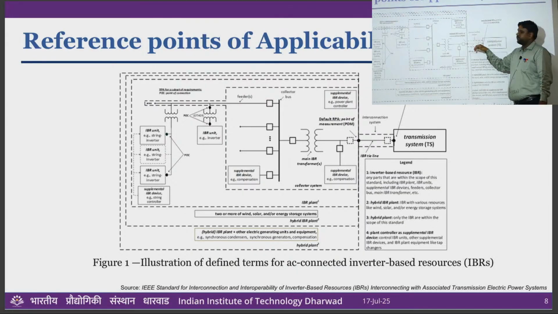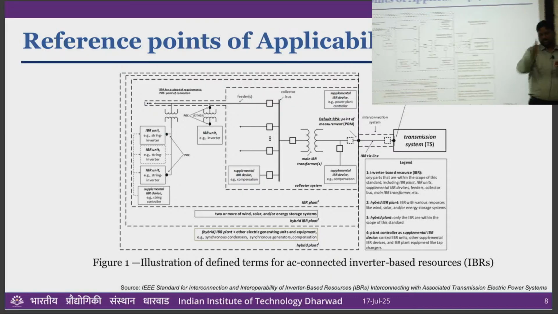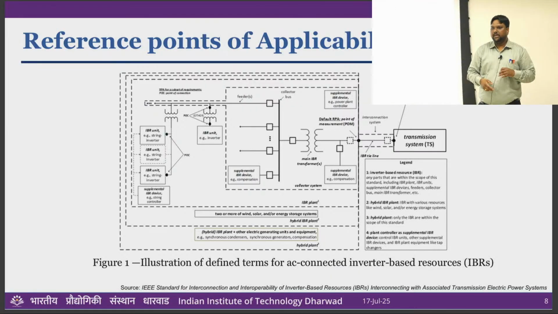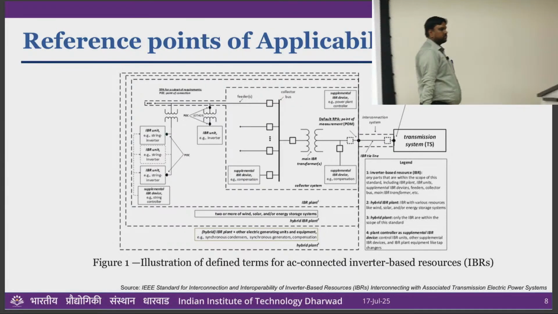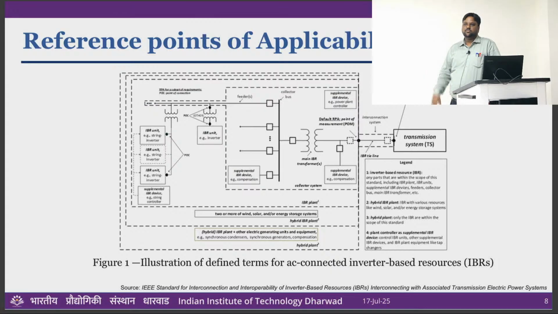They will measure the P and Q. They will disturb the P from 10 to 90. They will measure your Q and check, you can say table wise. Okay. So that is all included, but at the end of the day, at the POI, that standard should be followed. Yes. Okay.